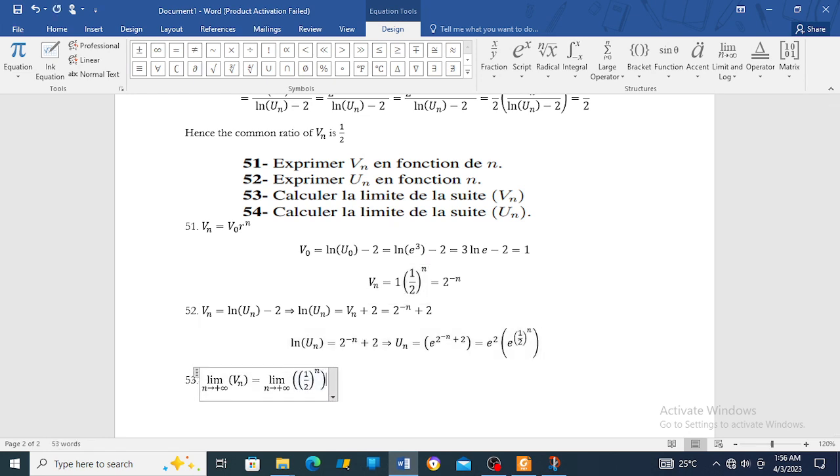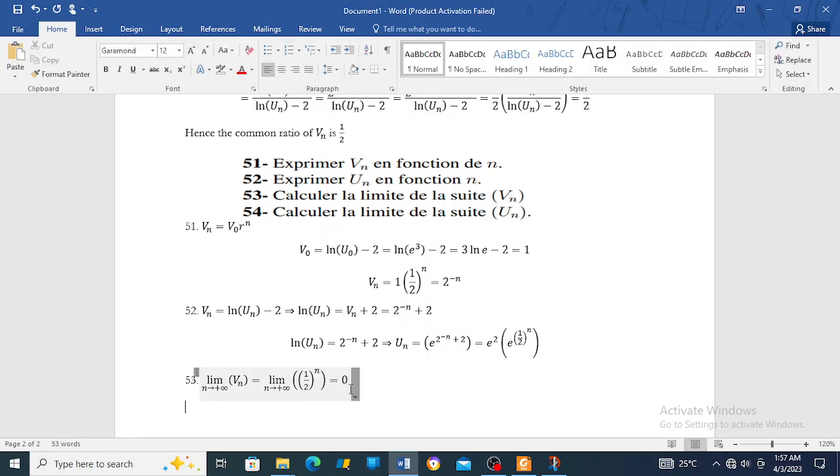Okay, and this limit will give you 0 because half is less than 1. If the base here was greater than 1, the limit is going to give you positive infinity. If it was equal to 1, then the limit will give you 1.